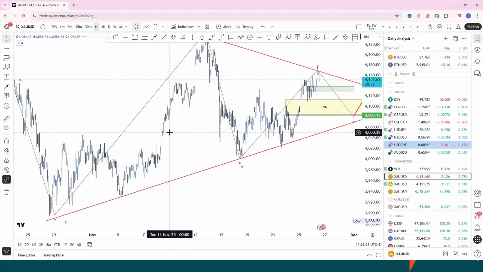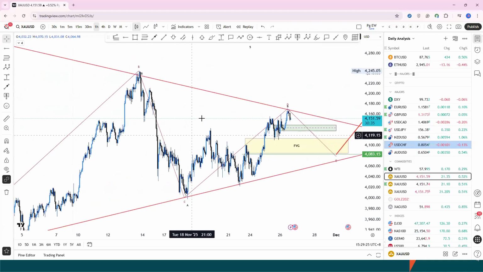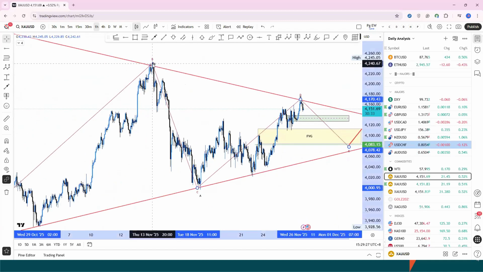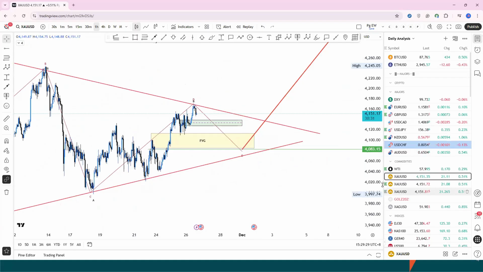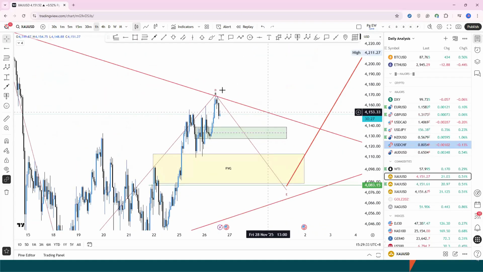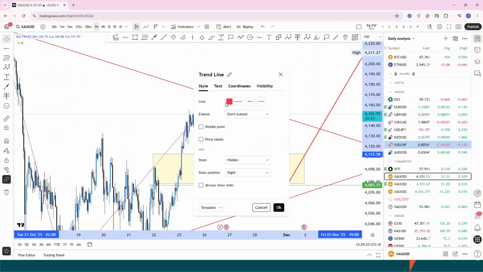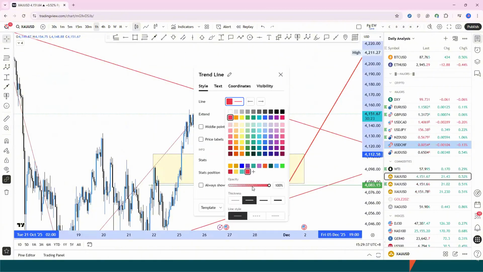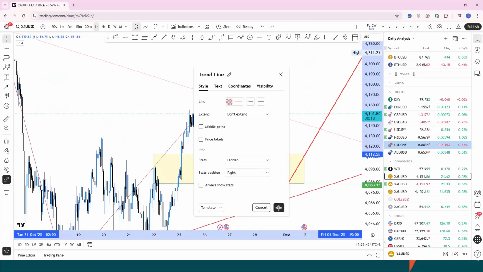Okay. I think we're going to see gold make a pullback. Okay, this morning, let me make it color red so the chart won't be so messy.